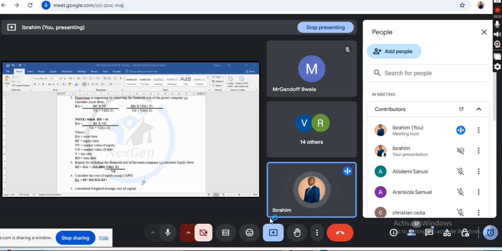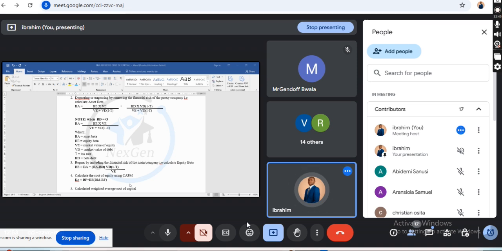Now, when you get your BE, which is your equity beta, you use it to calculate your capital asset pricing model. You can see KE equals risk-free plus equity beta that you calculate, market return minus risk-free. If there is a premium, you know how to do premium. It will be risk-free plus equity beta, open bracket, risk premium, right?